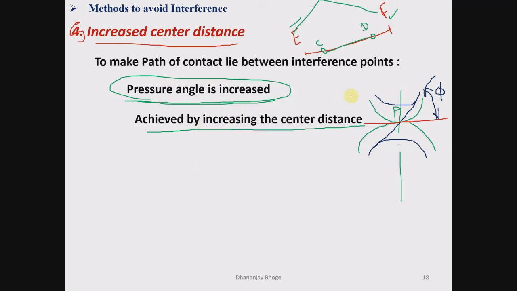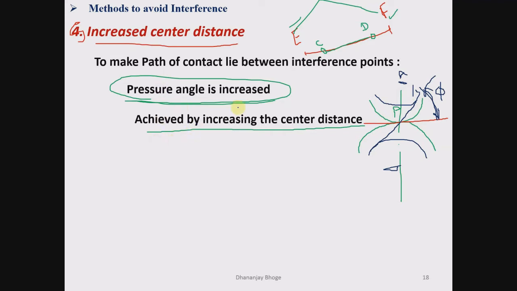Now, one of the ways of increasing the pressure angle is to increase the center distance. We can increase the center distance between the gears so that this line shifts. If we shift the center A in upward direction, it will shift this pressure line upwards and it will increase the angle phi. Okay.